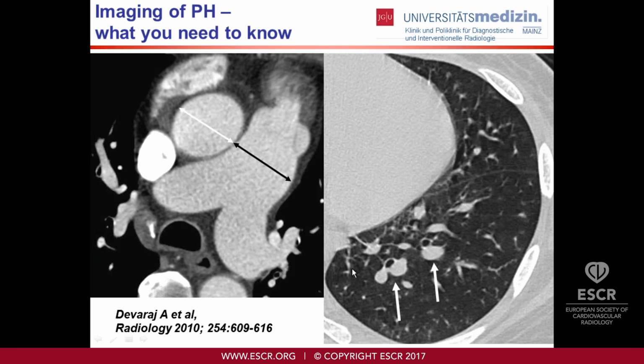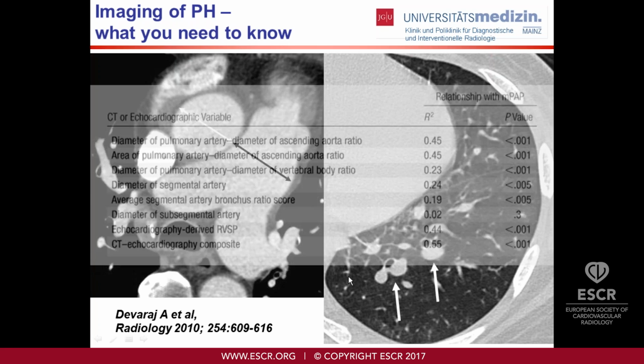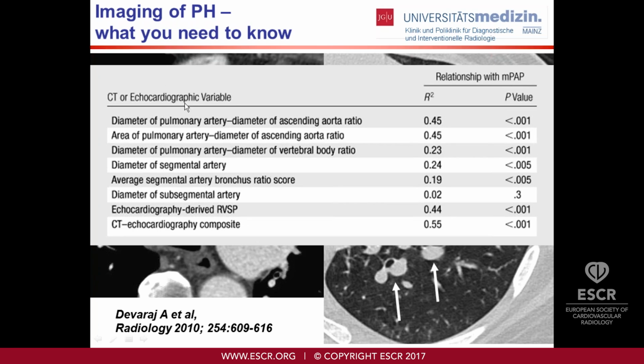Here is an example from the work from Mary Rebel, which was published in Radiology, where you can make a circle on the right pulmonary artery, and if it is below 16.5%, then the probability that a patient suffers from pulmonary hypertension is very high.